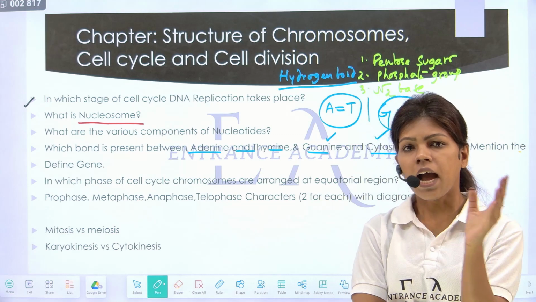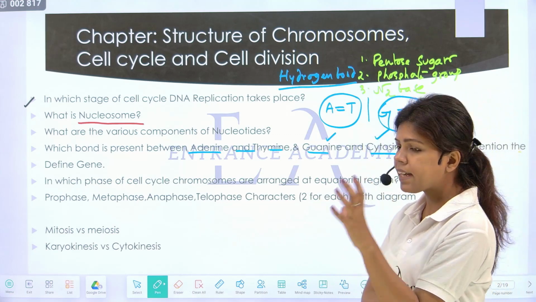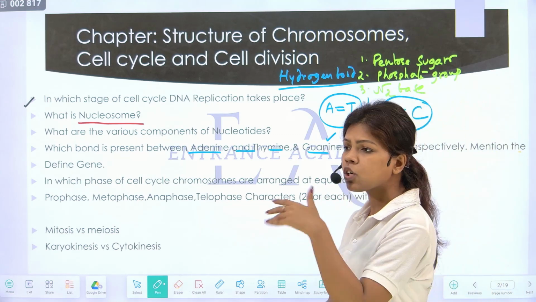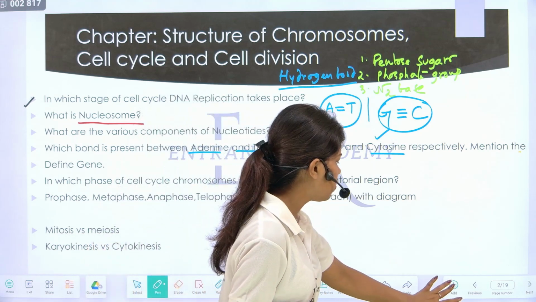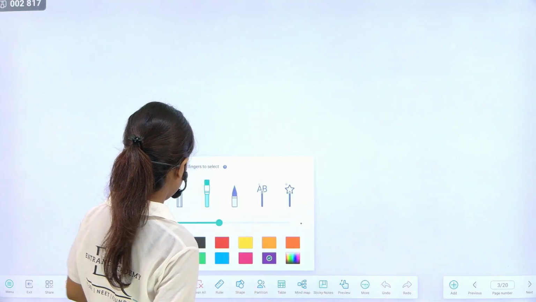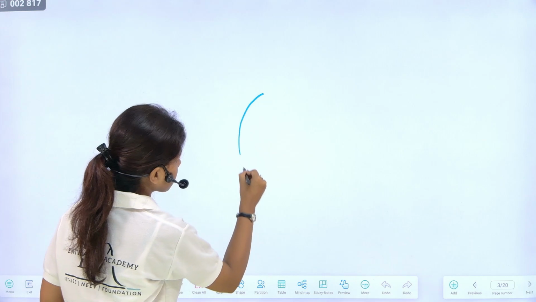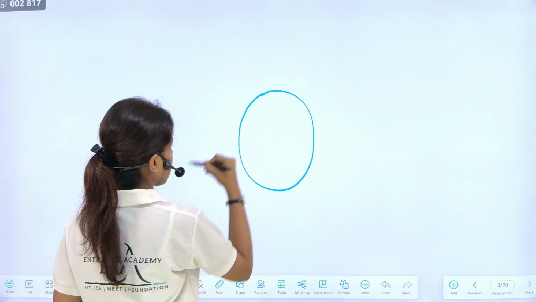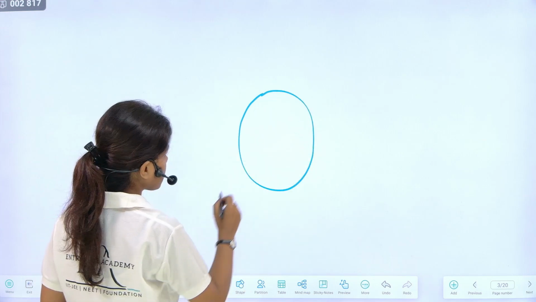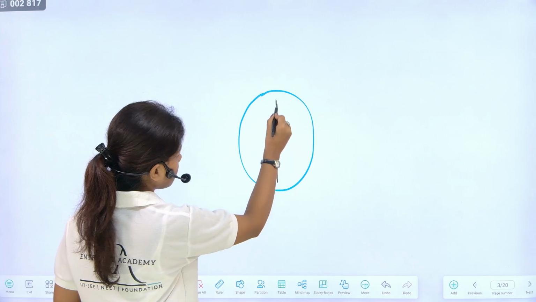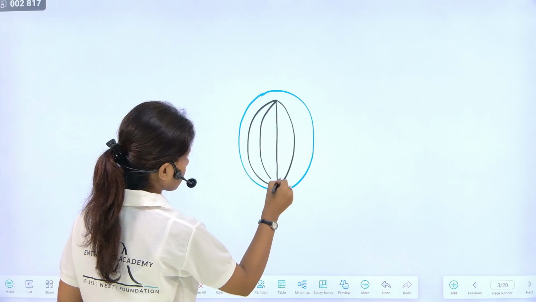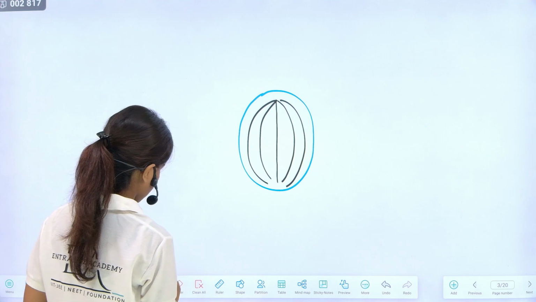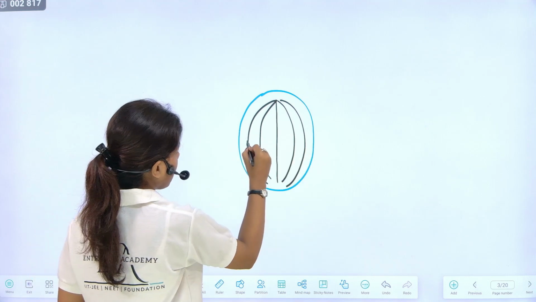Another important question. As we know, the mitotic phase of cell division contains 4 subsequent phases: prophase, metaphase, anaphase and telophase. Among these 4 phases, metaphase is the stage where the chromosomes are arranged at the equatorial region. How? Just like this. Imagine it is an animal cell and these are the spindle fibers present in it. Chromosomes are arranged like this.